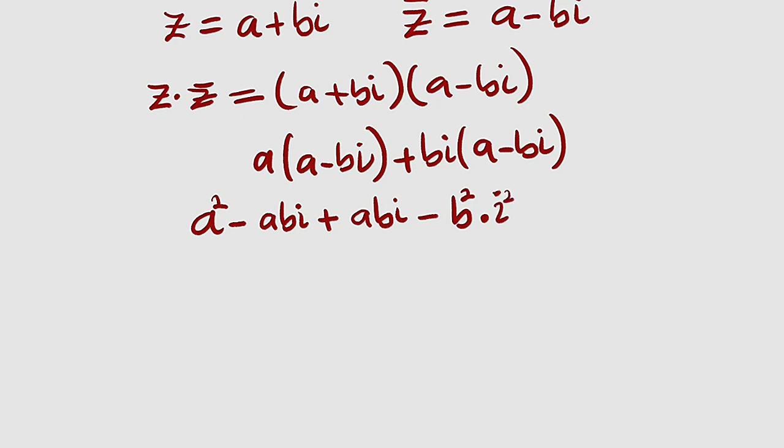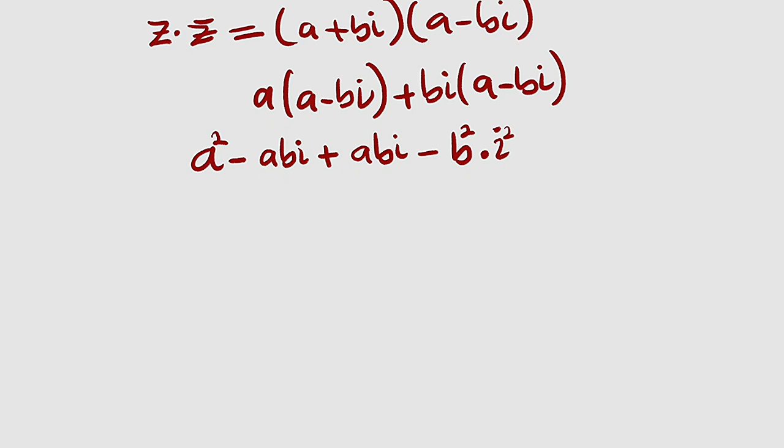But what is i squared? Remember from the definition of the imaginary number, we say it is just the square root of negative 1. So if we square both sides, negative 1 equals i squared. It implies that i squared is just equal to negative 1. So if we replace this with negative 1 multiplied by B squared, already we have another negative here, which transforms it into a positive number.